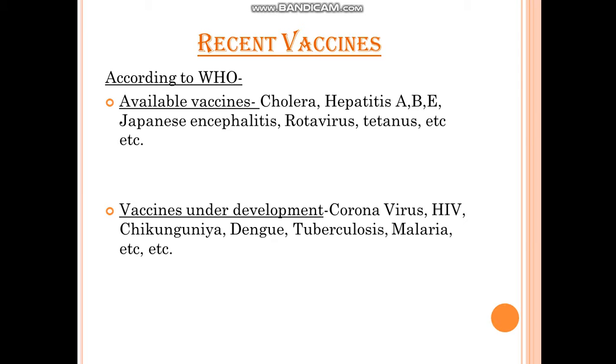The WHO is working on them, or it has set up its laboratories around the globe for researchers researching on these particular diseases. Looking at this scenario, coronavirus vaccination is under development, HIV, chikungunya vaccine, dengue vaccine, tuberculosis, malaria, etc. Because tuberculosis is a very dangerous disease, and there are many deaths in India.